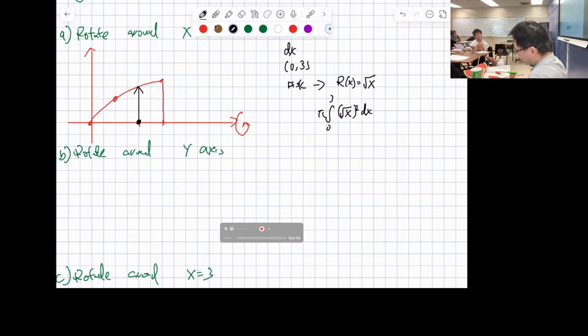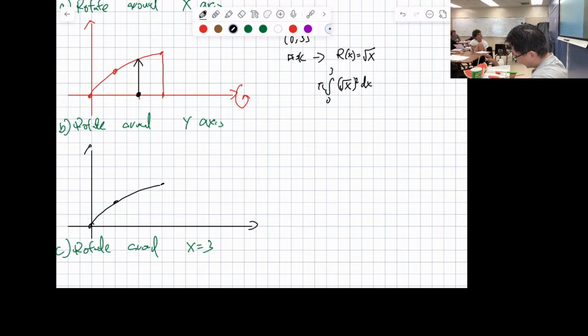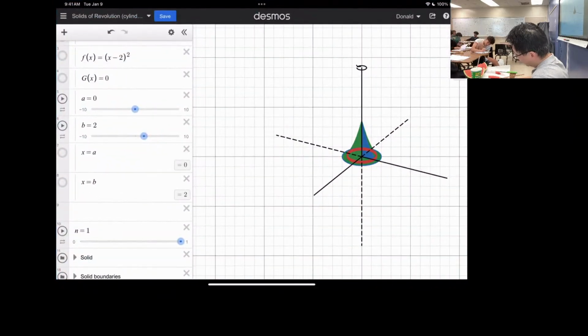All right, so we're going to follow the steps that I propose. I'm going to start by drawing this graph. I'm going to stop here, and this is the graph. Now I'm going to draw the axis of rotation, the vertical one like this.